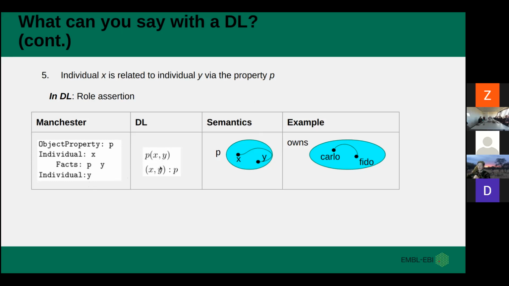Again, two different kinds of syntax, and I will prefer the top syntax there. If you represent this as a Venn diagram, you have X related to Y, and this will be a set of many of these relations. A real example would be Carlo owns Fido.